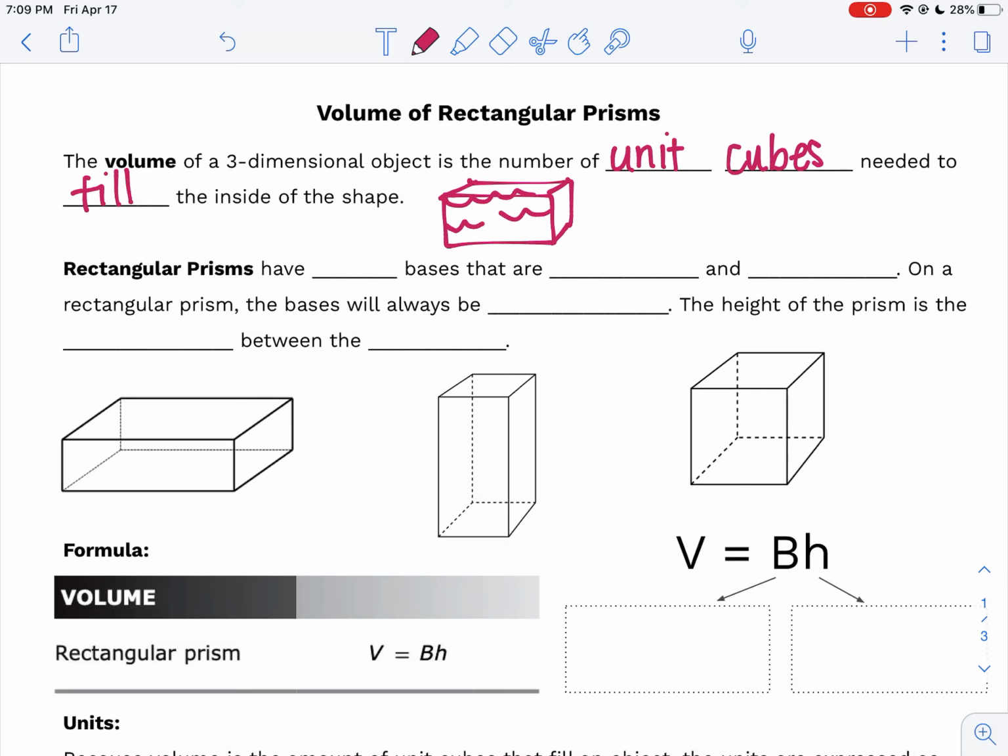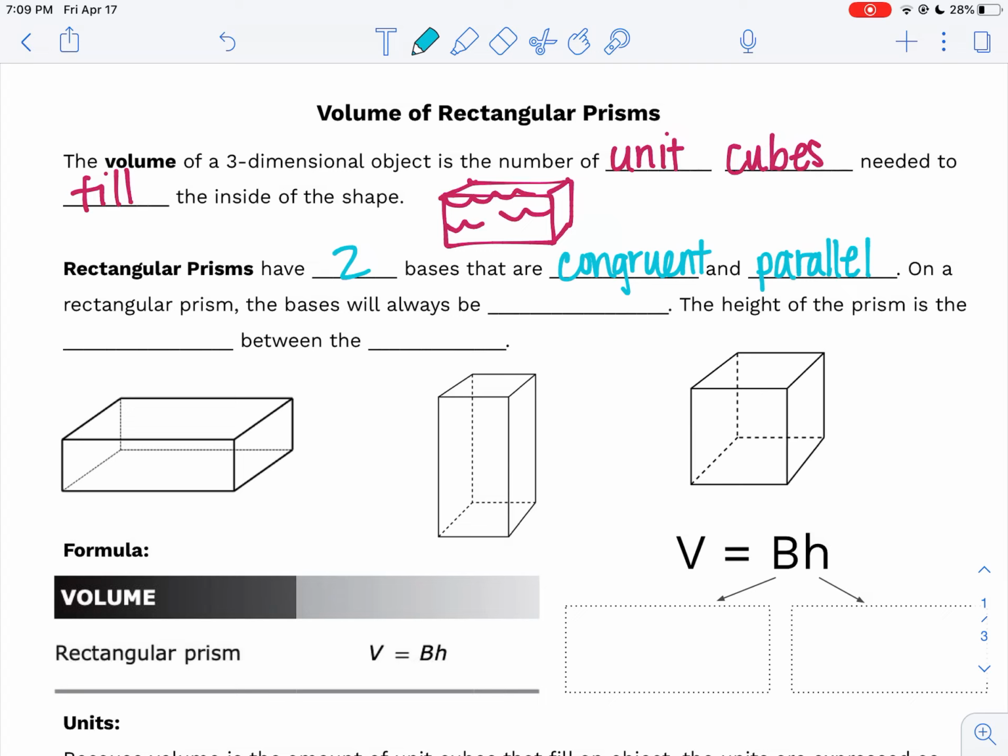So let's define what a rectangular prism is. You're very familiar with them. It looks like any Amazon box that you would receive, any fish tank. Lots of examples of rectangular prisms, but they are prisms that have two bases that are congruent, which means they're the same size and same shape, and parallel, which means they will never intersect with each other.